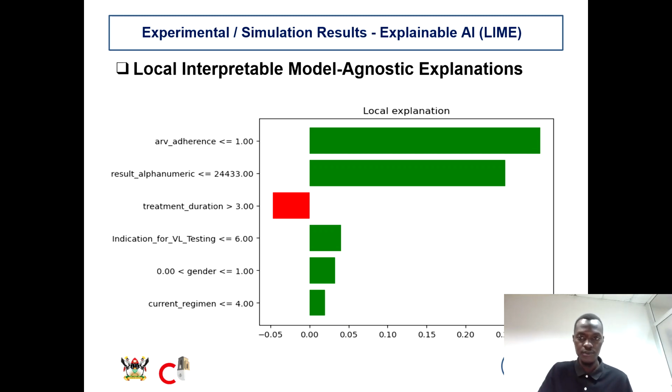The one that we first used is the Local Interpretable Model-agnostic Explanations, which showed us that ARVs adherence, result alphanumeric, and of course indication for viral load testing, are some of the best predictors that can give us what we want when it comes to predicting those patients that are more likely to switch from one treatment line to another.